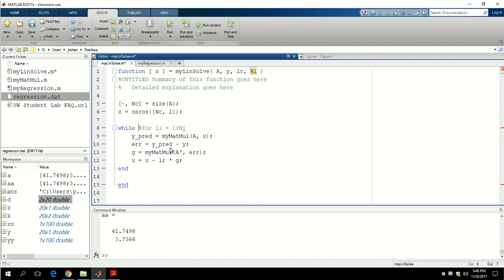So can we come up with a good criterion or good conditional that's going to allow us to automatically determine the appropriate criterion for keep iterating, right? So there are two choices, right?